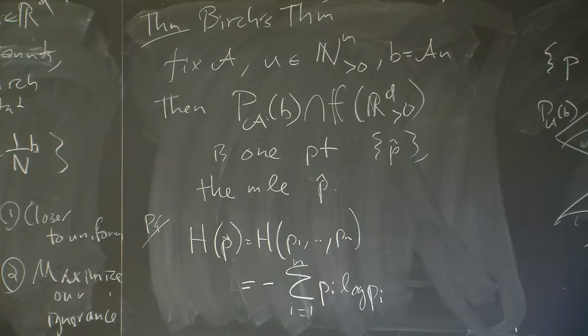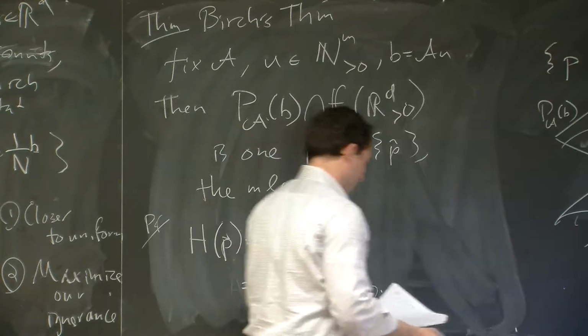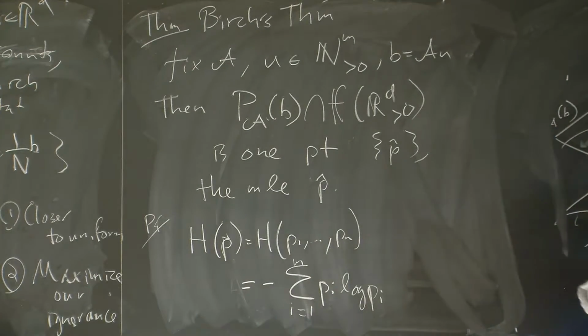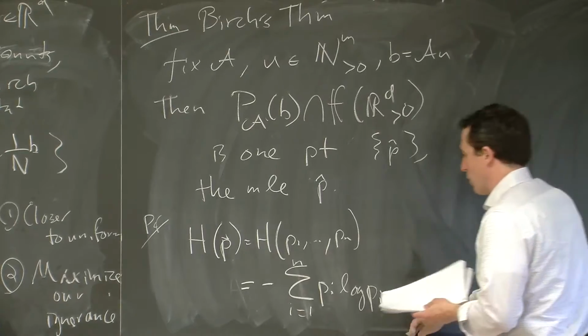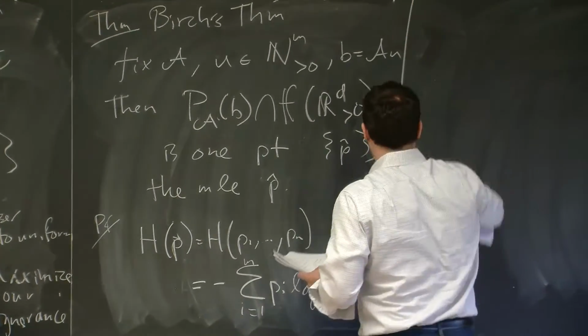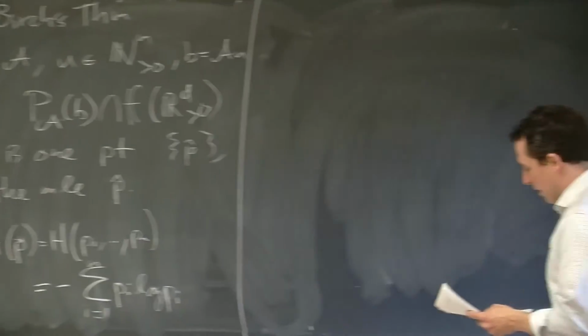If I used log base 2, this is like the number of bits required to encode one symbol in this distribution. So in some sense, the unit of entropy is bits. Or if you use log base e, it's a slightly different interpretation, but you can think of it as that.